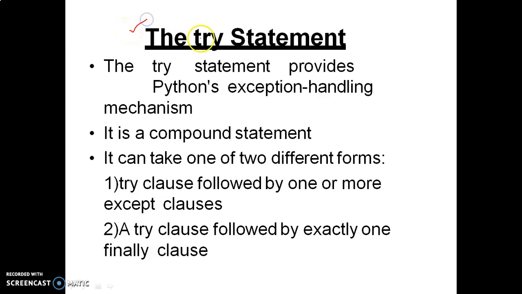The first statement is called the try statement. The try statement contains the code or statements where we can expect the exception. That set of statements, wherever we are expecting the exception, we will specify after this try keyword.